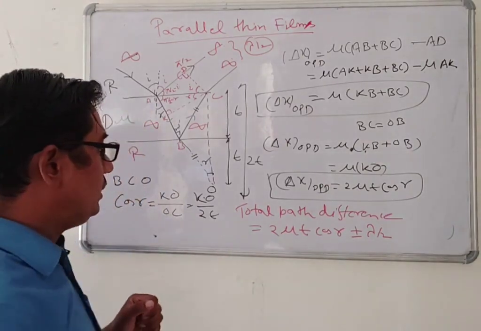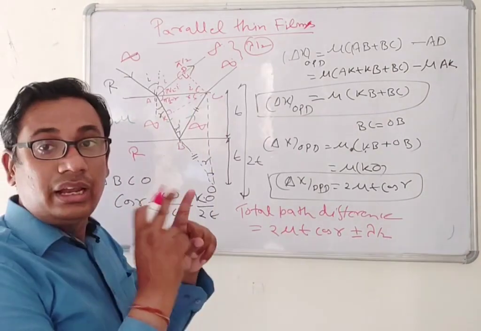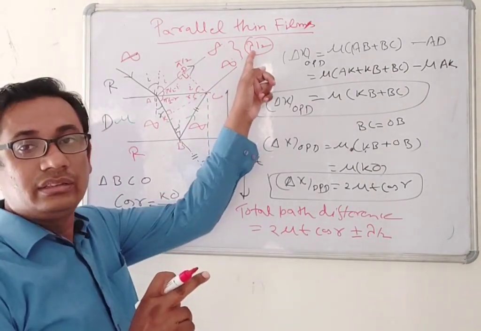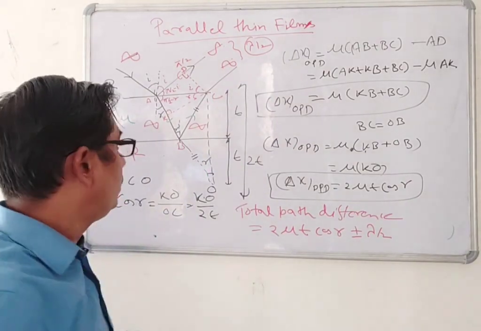Now this is the total path difference when we observe the interference on the reflected side. Suppose in case of the transmitted side, what will happen?